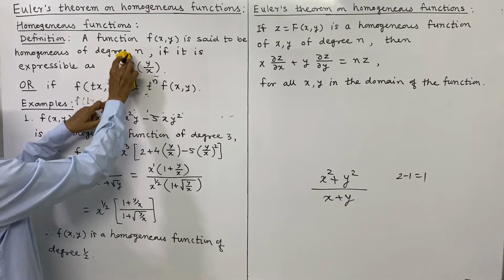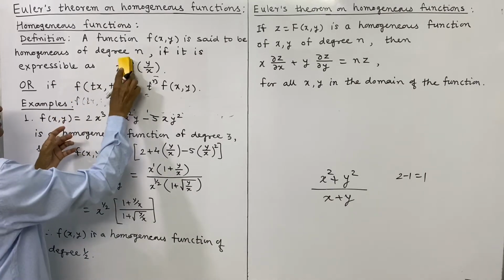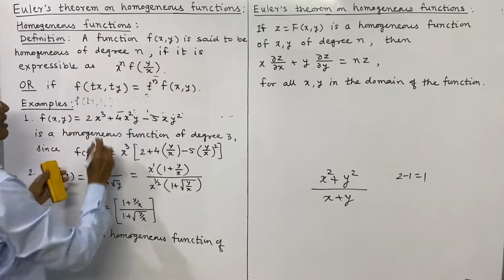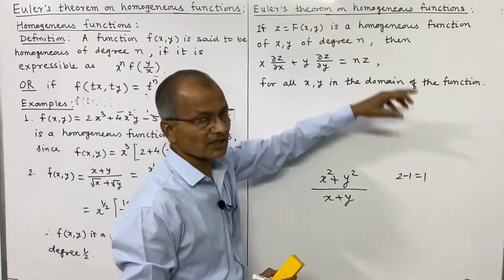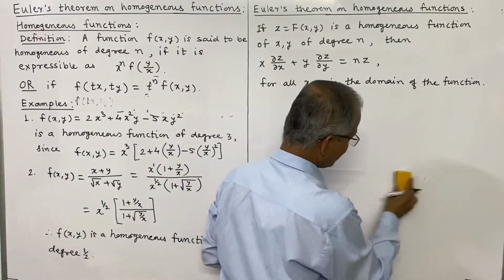So this is about homogeneous functions, and now we shall see what is the theorem, Euler's theorem on homogeneous functions. Euler is a famous mathematician and this theorem is named after him.